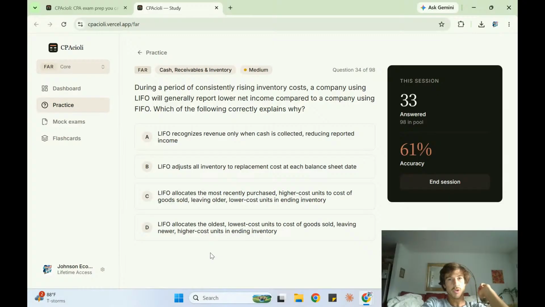Okay. During a period of rising inventory costs, a company using LIFO will generally report lower net income. Yeah, it's because they're being pulled last, and since your inventory is getting more expensive, that makes sense. So let's just find this answer.